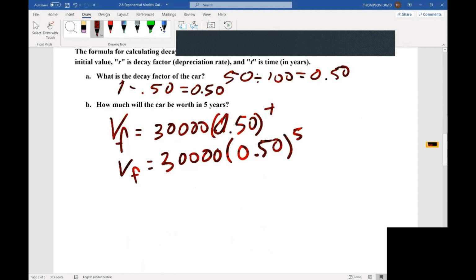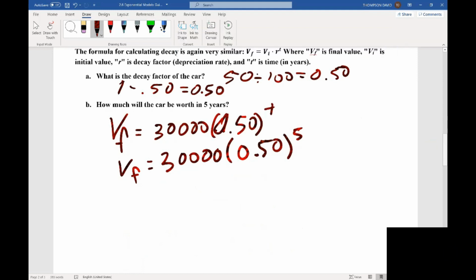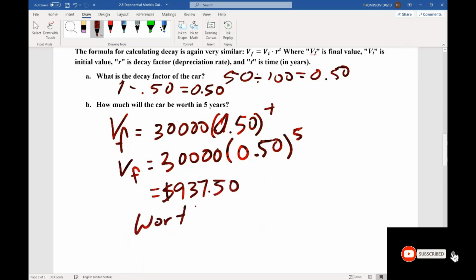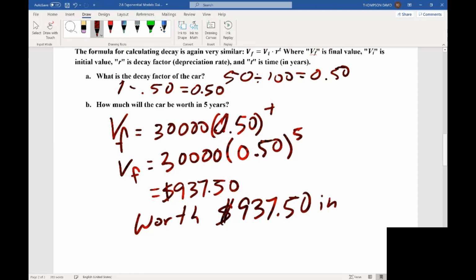So 30,000 times (0.50) raised to 5, and this car, based on a 50% depreciation rate, is worth $937.50 in 5 years. So we'll just say worth $937.50 in 5 years, and we are done.